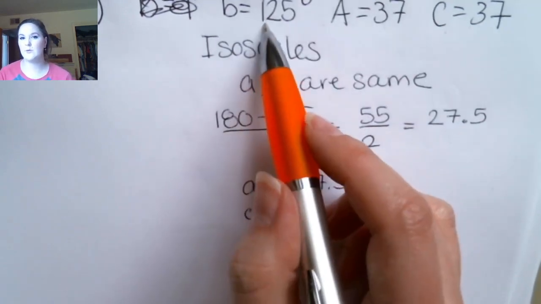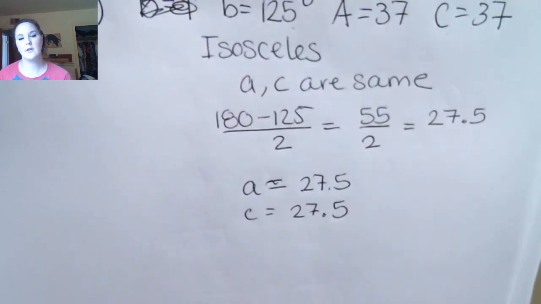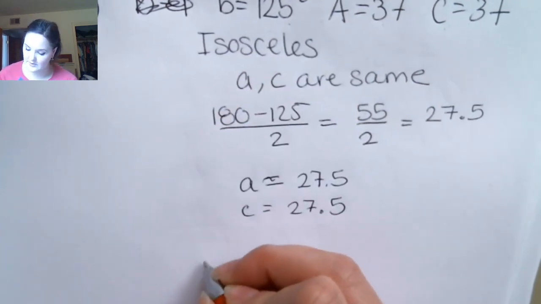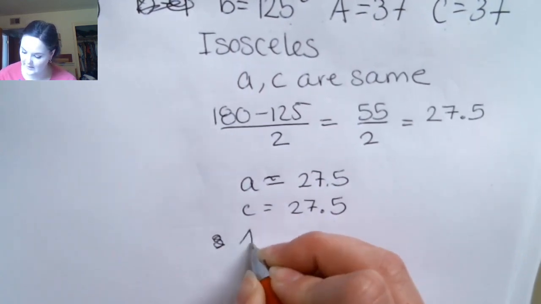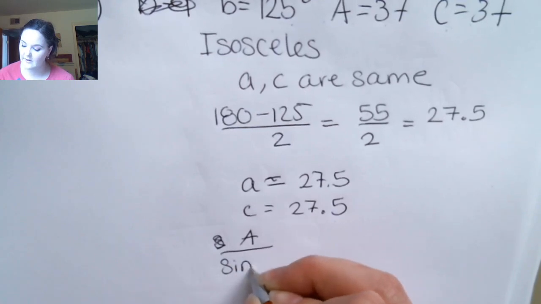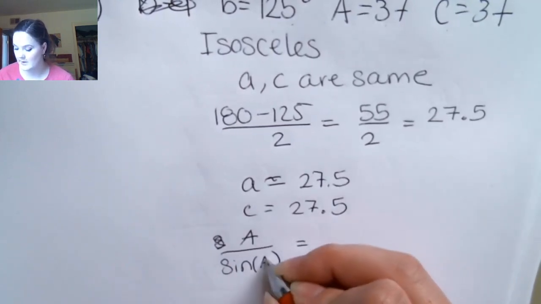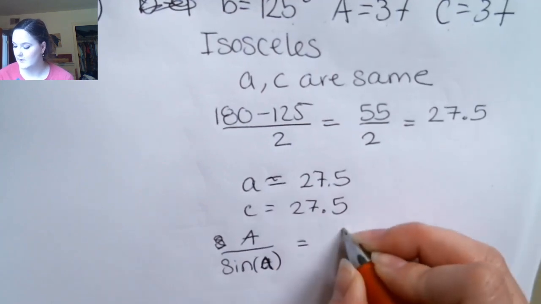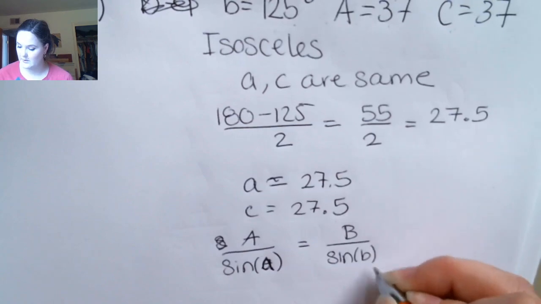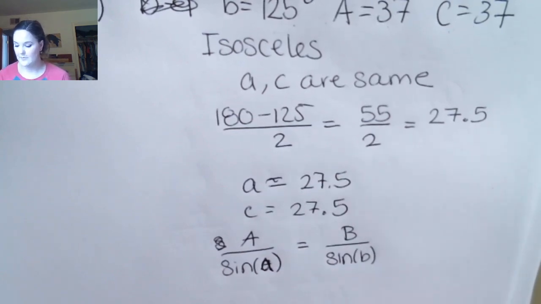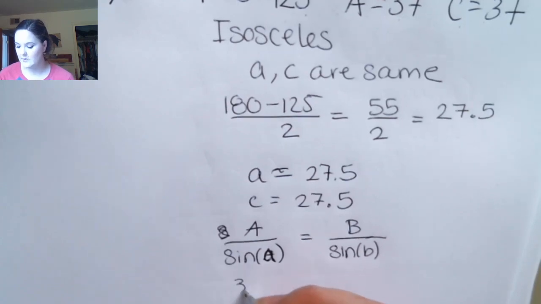Okay, again, we don't have to worry about the ambiguous case because this is an angle greater than 90 degrees. Okay, so I'll just do A over sine A, okay, and we want to compare that to side B over sine B. Now we know the side length A is 37.